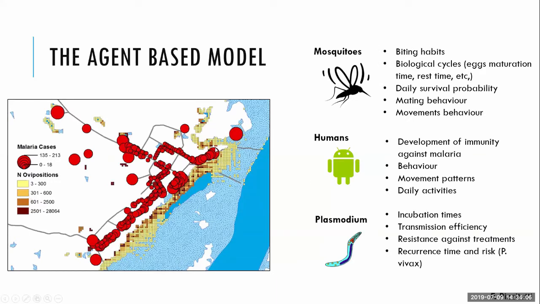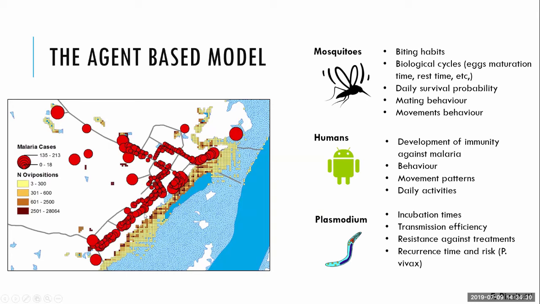And so here's the first implementation. What you're seeing here is an example from one village in which we implemented the agent-based model. It's along a river. Down here along the riverbank is where you have the ovipositions happening, because here you've got, again, the kind of breeding sites on the edge of the river. You also have some breeding sites that are located away from the river in different little ponds and puddles.